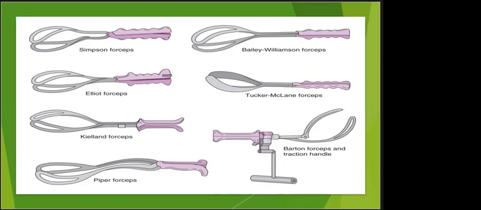Okay, so commonly used are the Simpson and the Elliott forceps in vaginal forceps delivery. The Piper forceps, remember that this is used for the vaginal breech delivery of the aftercoming head.